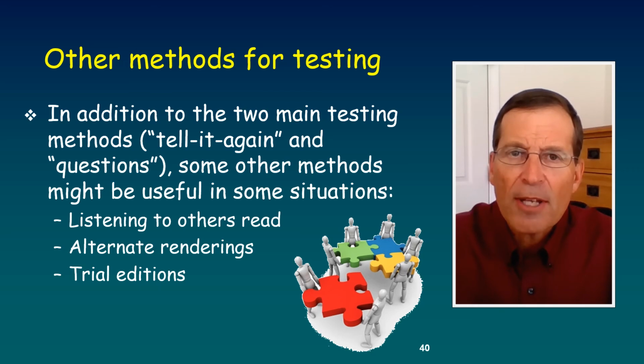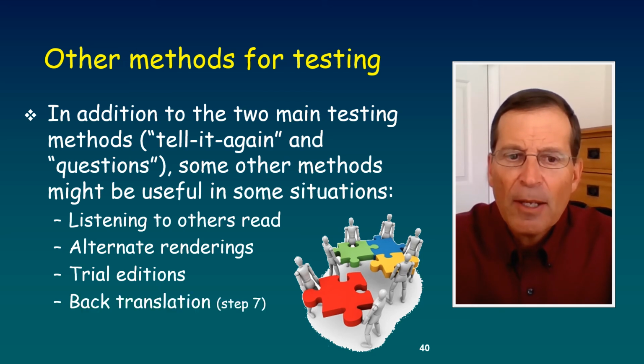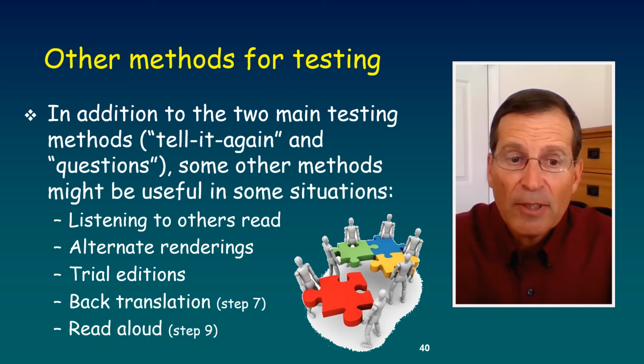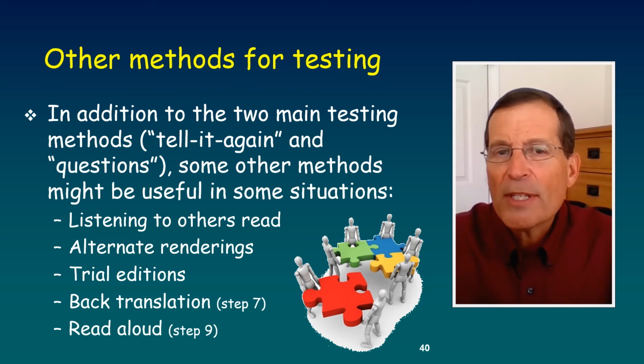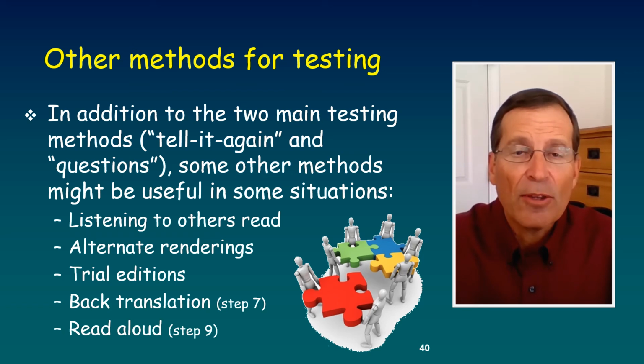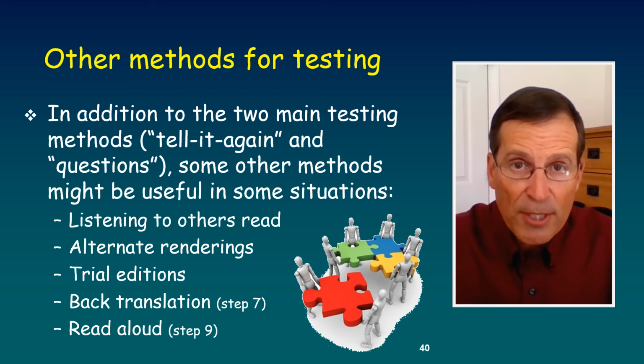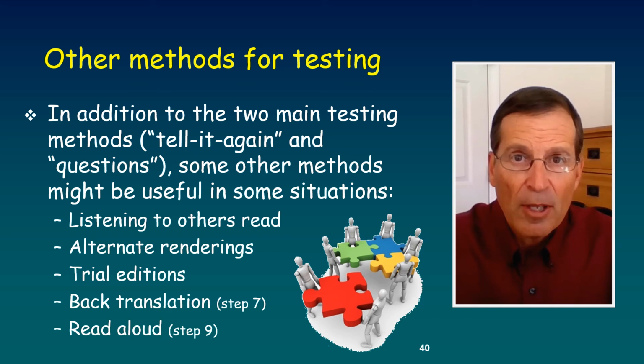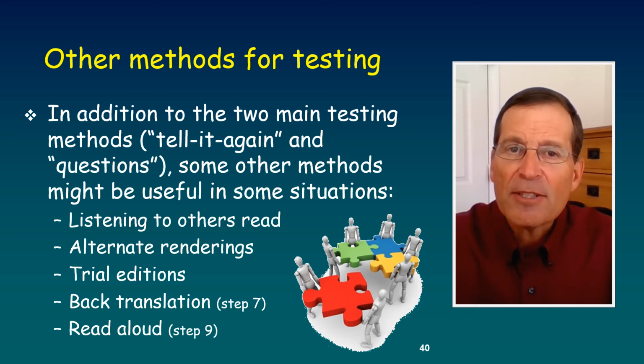We'll go over these on the next slides. Back translation and read aloud. Remember, we said you need to find the method of testing that works best for you in your situation with your people. The best method is the one that gives the most helpful feedback for the time you invest in it.